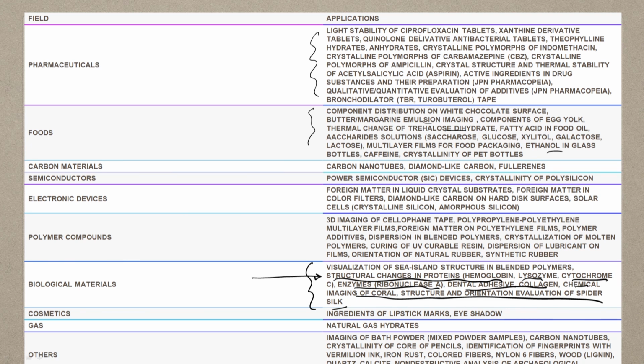Both spider silk as well as mulberry silk, you can get a very good visualization. In the cosmetics industry, mostly all the makeup tools could be used and their components could be detected. For gas, natural gas hydrates and others, there is a wide array of applications, which is beyond the scope of this course.